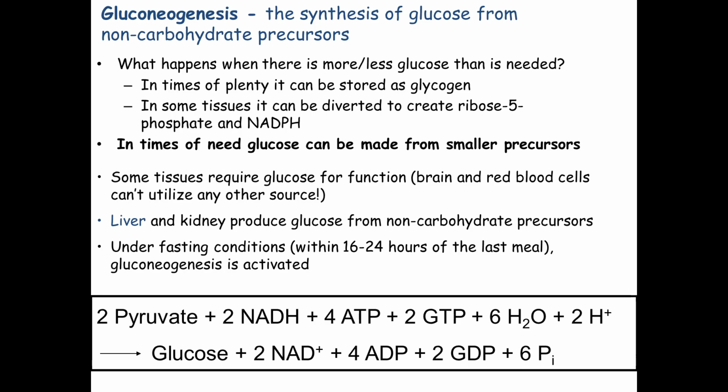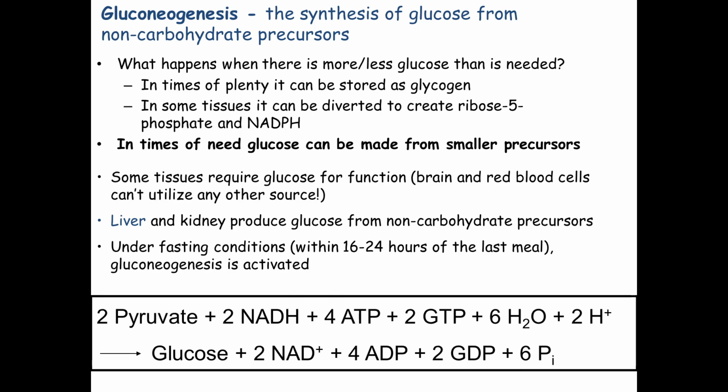So the overall reaction at the bottom here is we're going to take 2 pyruvates, that's all 6 carbons, and make a glucose. Along the way, we're going to use 7 of the 10 reactions that we just studied with glycolysis, all the reversible ones, including step 6, where we do the redox reaction. So we're going to use 2 NADHs converted back to NAD+, and that's because we need to do that for 2 molecules at that stage.